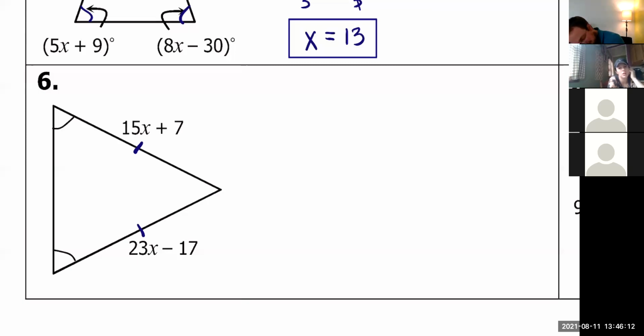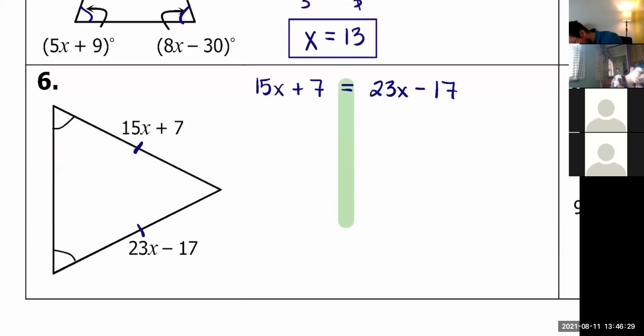Okay. So in this case, 15x plus 7 must equal 23x minus 17. So get the variable to one side. I'm going to subtract 15x from both sides.